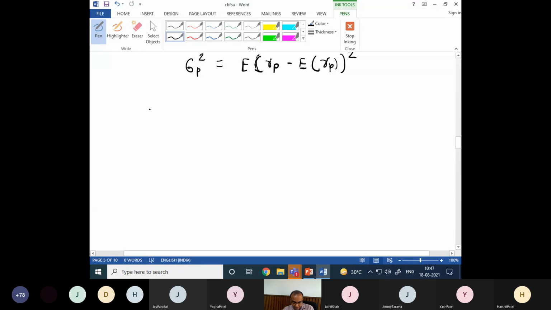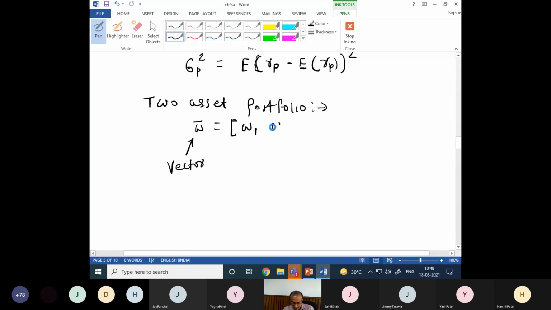Okay, so let us take a 2 asset portfolio, which has weights. Let me denote it as a vector, W bar. Remember, a vector can be either a column vector or a row vector. Usually we use the column vector, but we write it in row form.